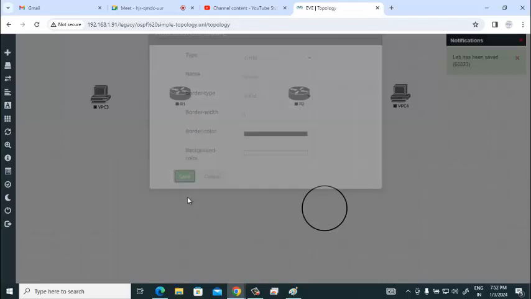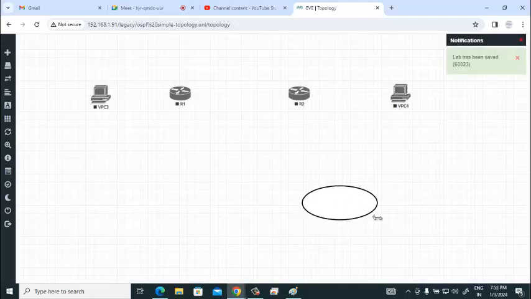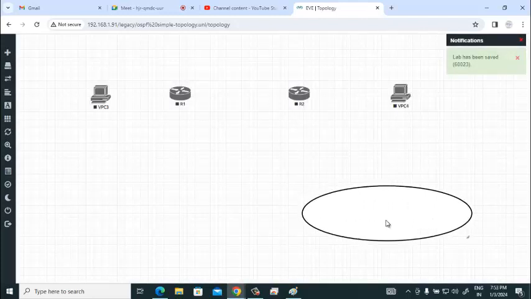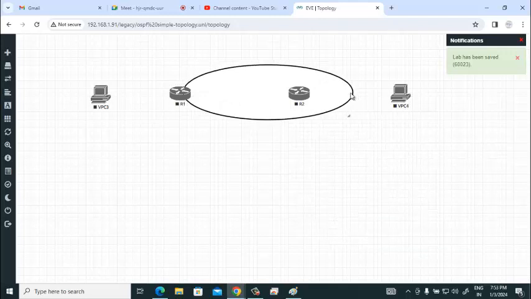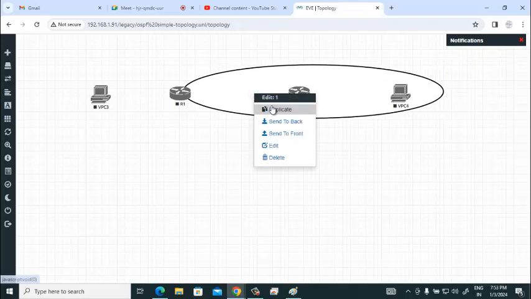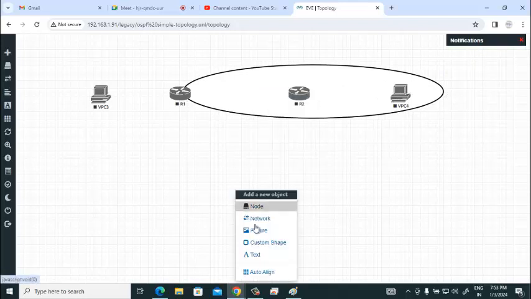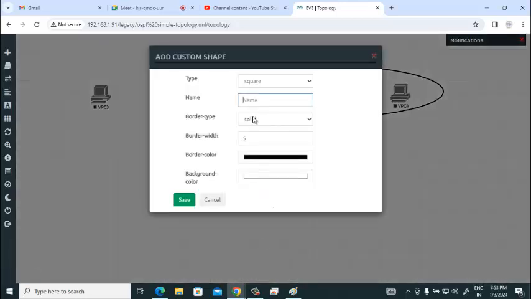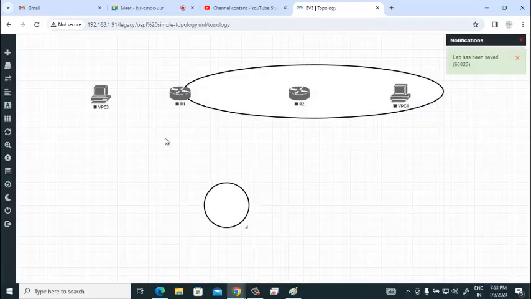That is to say that from here to there, it's only one area. And then from here to here, another area.